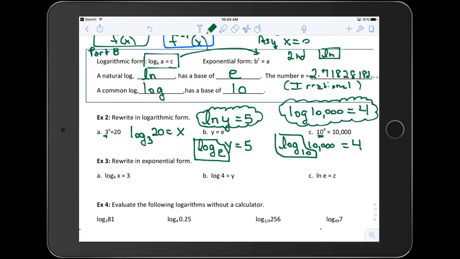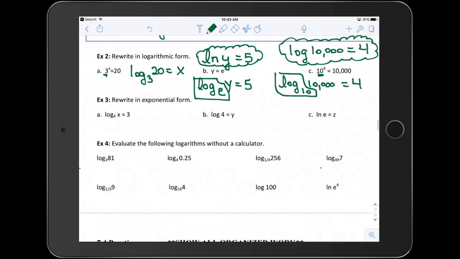Okay, so now let's go do the reverse here. I'm going to want to switch this into exponential form. Really all we're doing is getting used to switching logarithmic and exponential form back and forth, just baby steps with logs. So here we go. We know that this is the exponent. These are always the exponents.